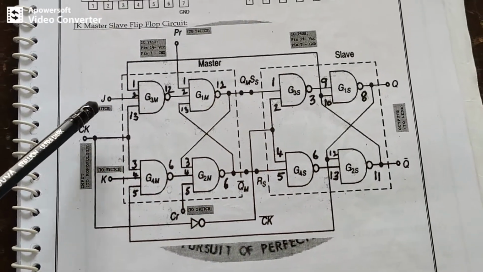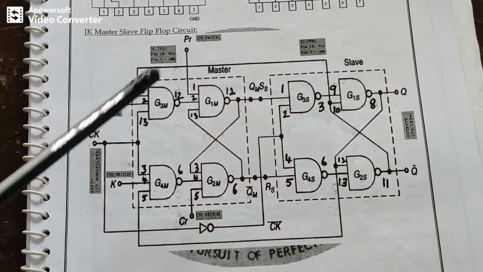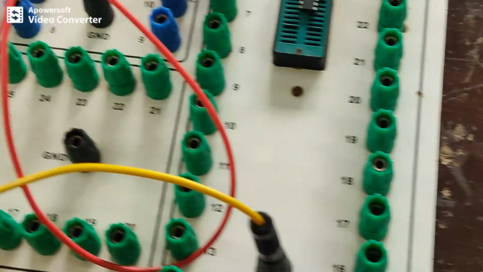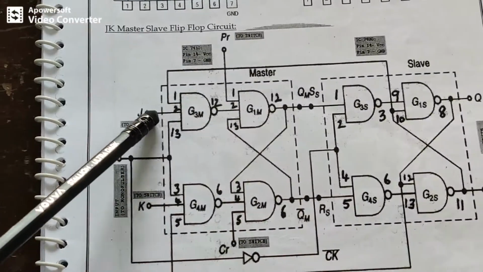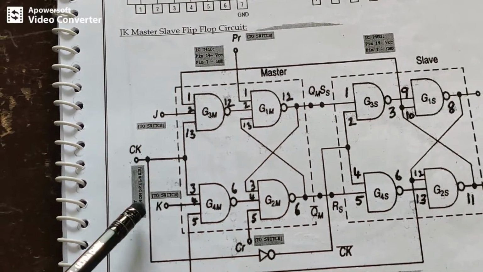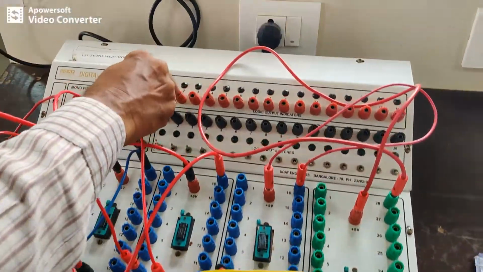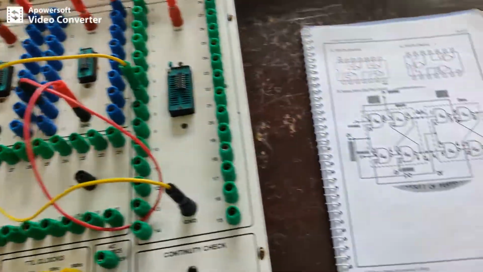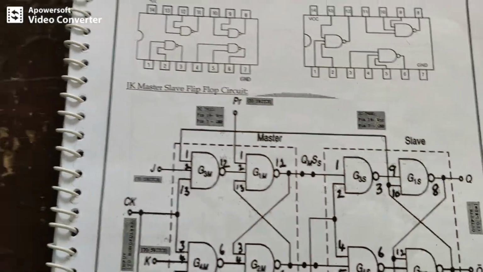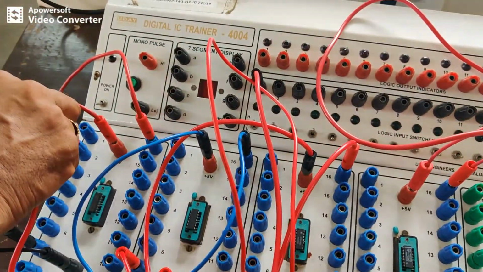Now we will see how we can connect J, K, preset and clear. Here you can see J goes to pin number 2 and K goes to pin number 4. So let me take two inputs. One is J, that goes to pin number 2 of the first IC.